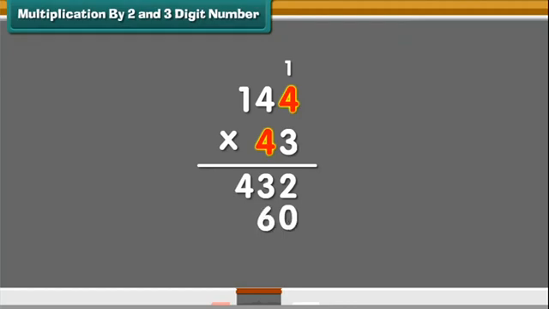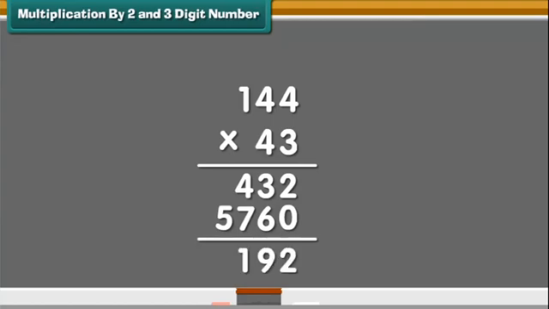Write 6 in the 10's place and carry the 1 forward to the 100's place. Multiply 4 with the number 4 on the tens and add 1 which was carried forward. Write 7 in the 100's place and carry the 1 forward to the thousands. Multiply 4 with the number 1 on hundreds and add 1 which was carried forward. Write 5 in the thousands place.